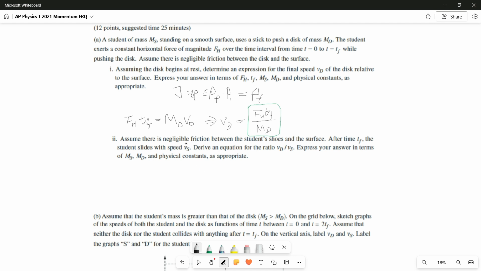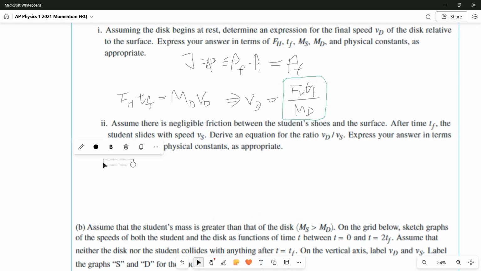We're given that there is negligible friction between the student's shoes and the surface. So that means that Newton's third law actually applies here. So what we can say is the magnitude of force exerted on the student is literally FH due to Newton's third law.